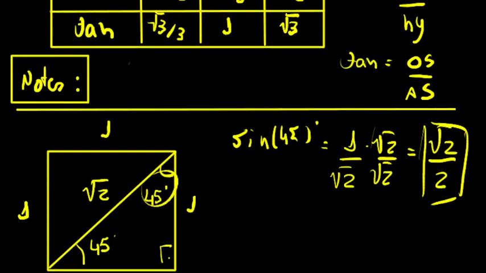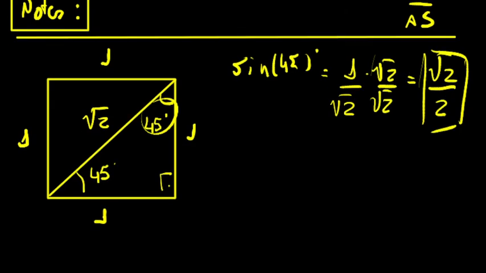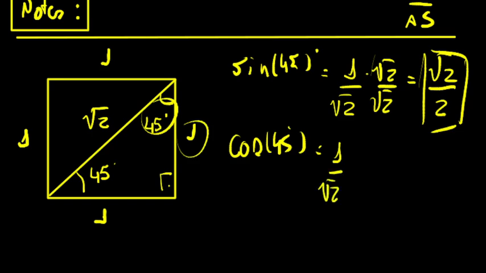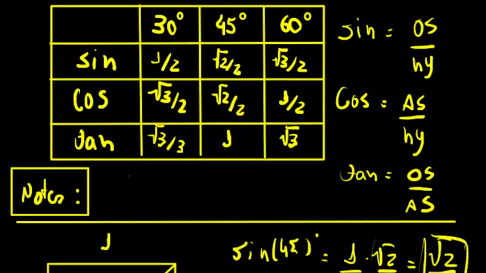So let's do the cosine of 45. Let's take this angle again. Cosine is also 1 divided by the square root of 2. It's going to be the same, the square root of 2 divided by 2. You can verify if this is true.